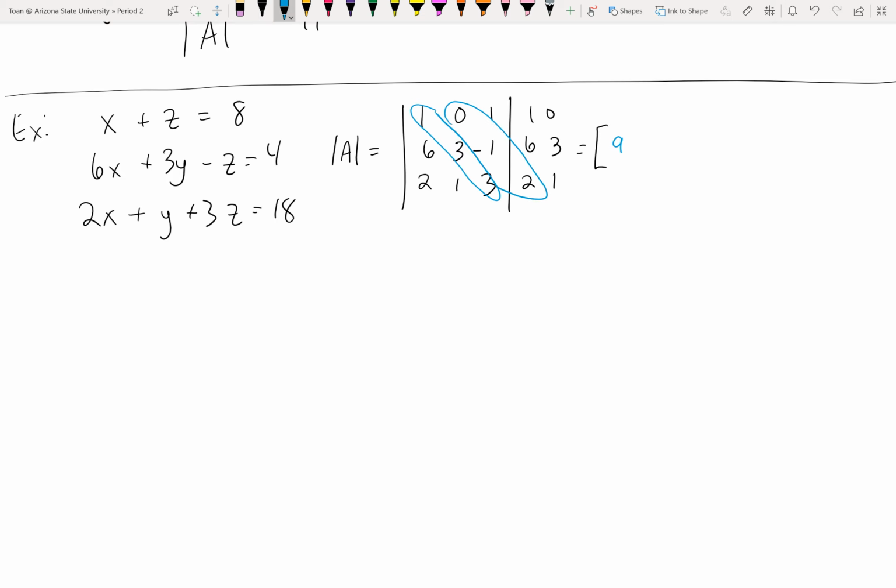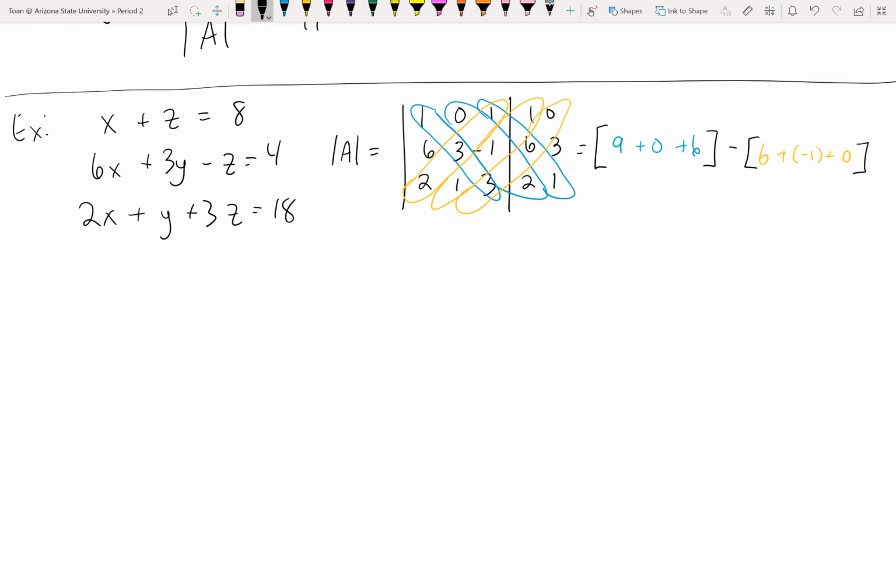This is going to be a 0. This will be a 6 minus, this will be a 6, this will be a negative 1, and this will be a 0.